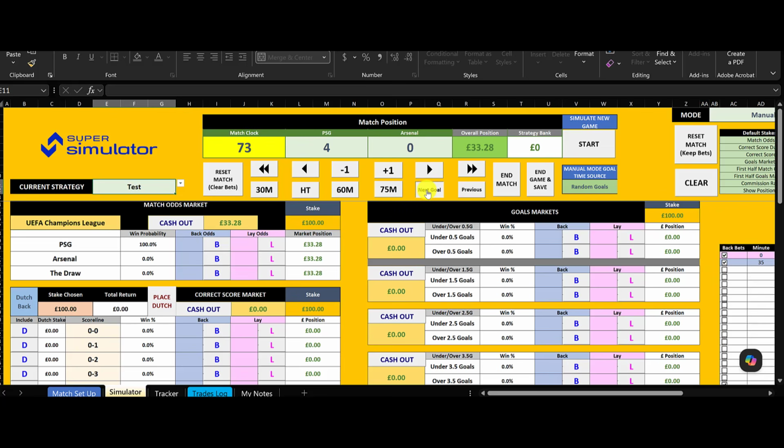Is it going to be a 5-0 like the one from last season? Surely that's it. All right, Arsenal get a consolation on 81 minutes, and then surely that's the end of the scoring. Oh, 4-2. Could be a comeback on. Let's see what happens. Okay, final score 4-2. So that would be a very entertaining Champions League final if that was to happen.